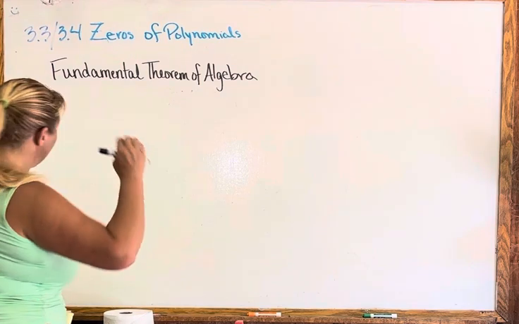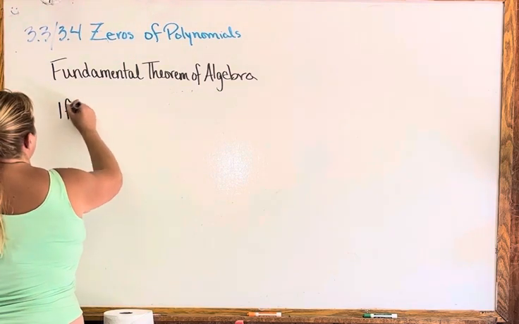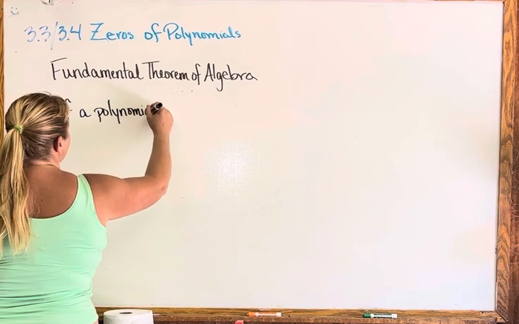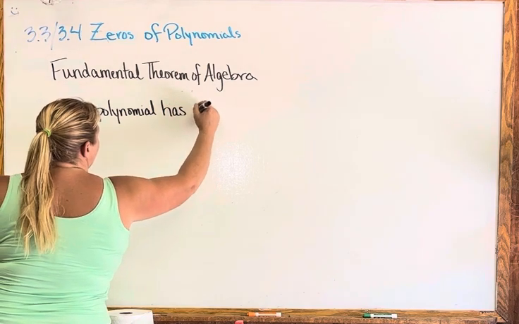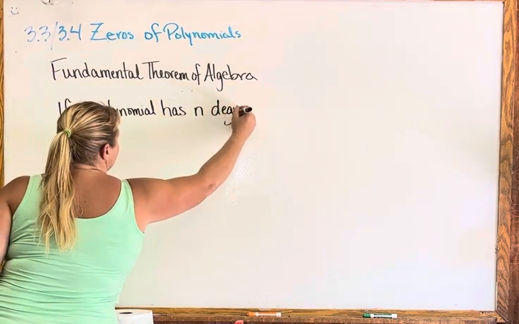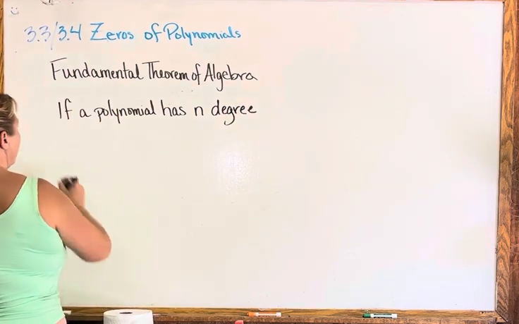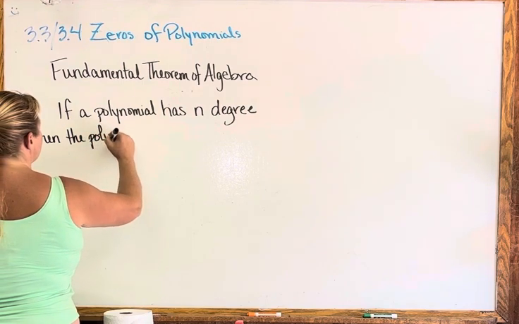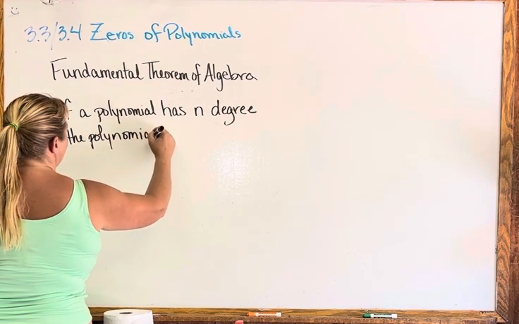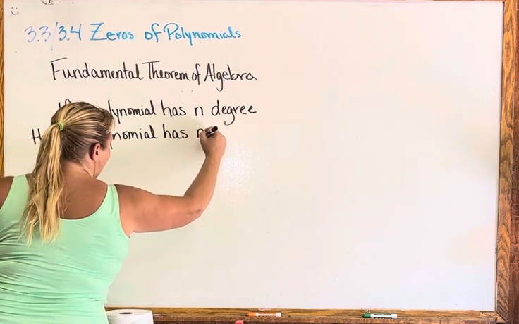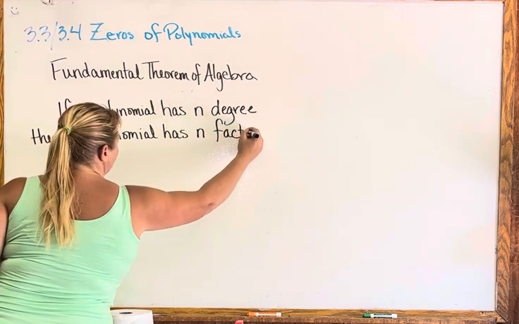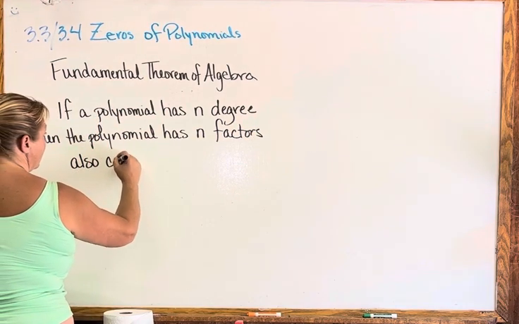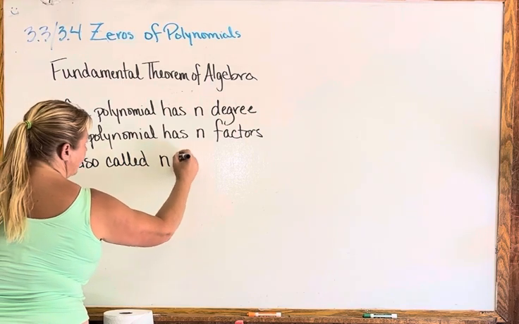And so what it says is, if a polynomial has n degree, so whatever the degree is of the polynomial, then the polynomial has n factors, also called n zeros.